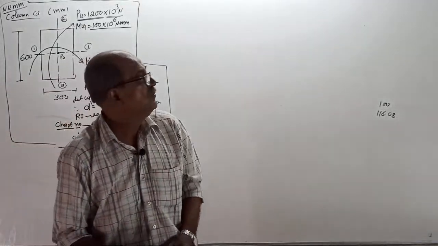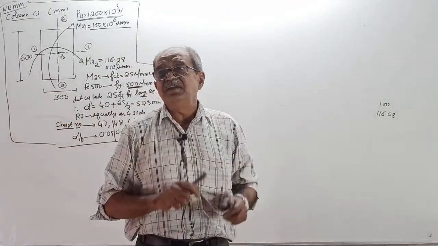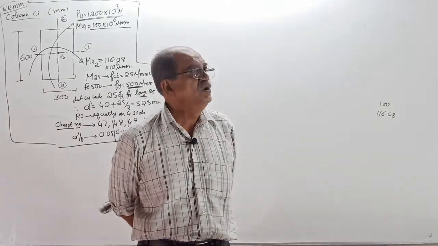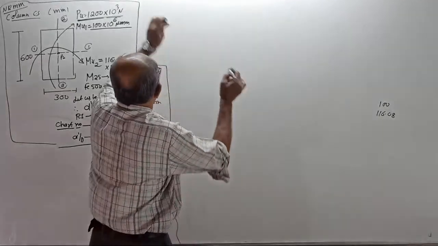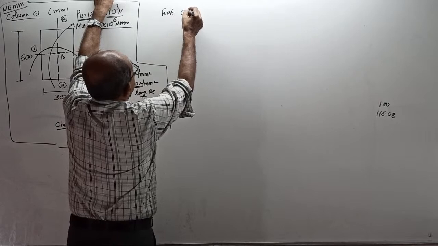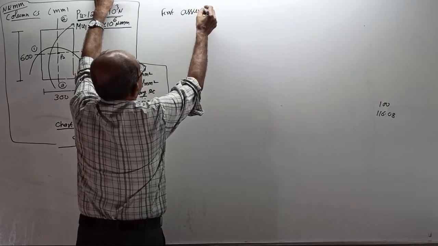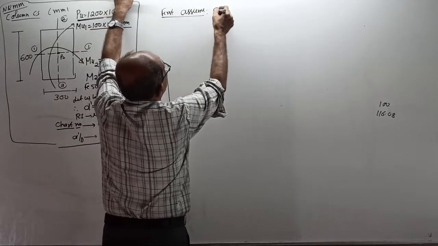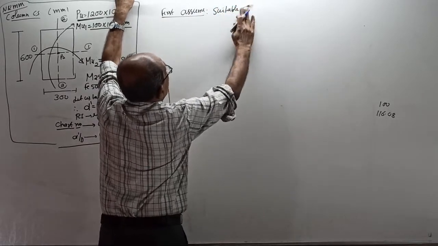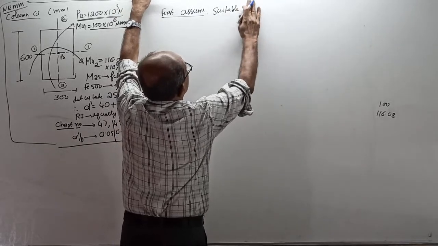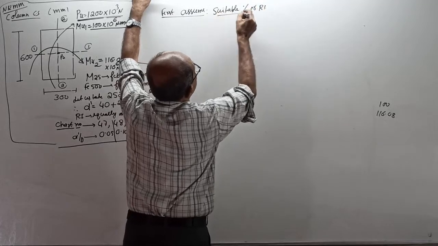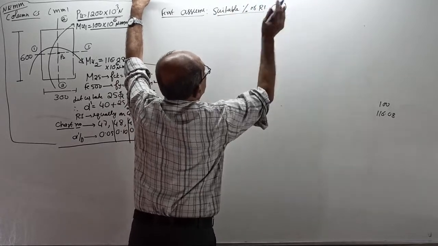Okay, start. Now, how to design? It involves a trial and error procedure. So what you have to do is, you have to first assume a suitable percentage of reinforcement. That is P percentage.